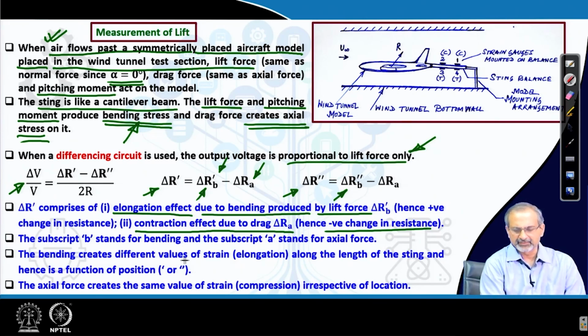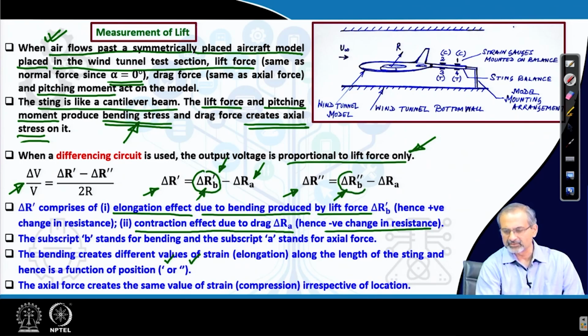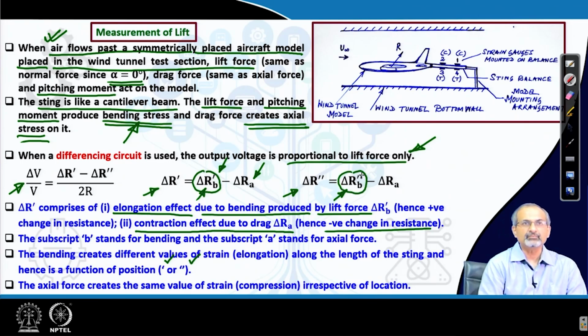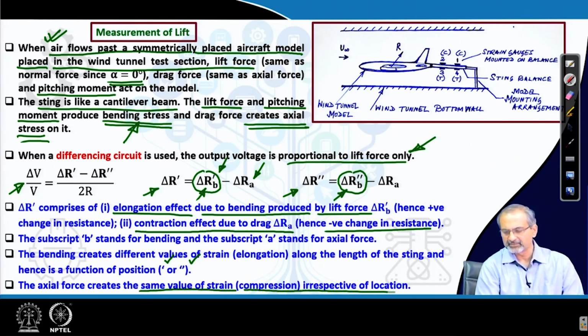The bending creates different values of strain along the length of the sting, and hence is a function of position. So, whether it is a dash or a double dash location, the change in resistance will be different at these 2 locations. However, the axial force creates the same value of strain irrespective of location, and therefore, this is not accompanied with a dash or a double dash.